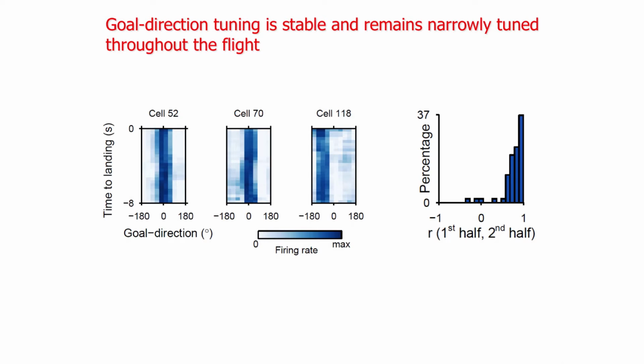And the goal direction tuning is stable across time. This is an example of 3 neurons along the flight of the animal. The different rows are tunings along the flight. You see that the tuning is stable across the flight, not just at the very end that it becomes tuned. So this shows the stability along the flight.